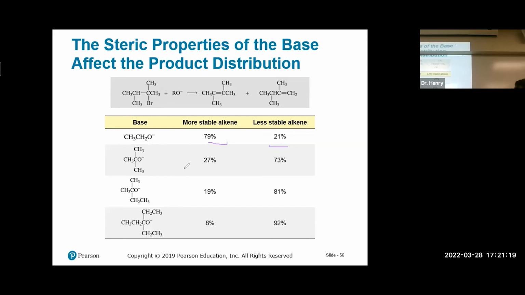Okay. And that's the same thing here. We're getting even bulkier in the sense that now this chain is getting even larger, and the numbers drop even more, right? As we get even bulkier, both sides are getting longer. Now we're dropping down to 8% and 92%. So you can just imagine the effect if we had one that was even longer than this.